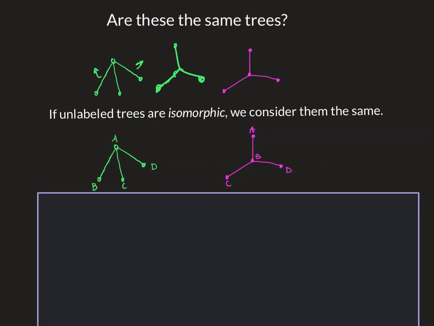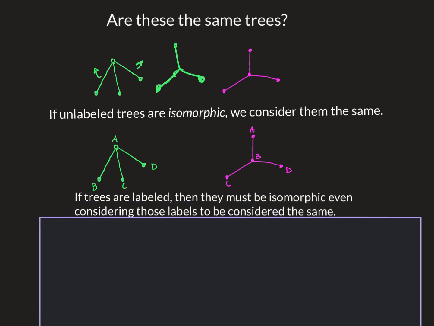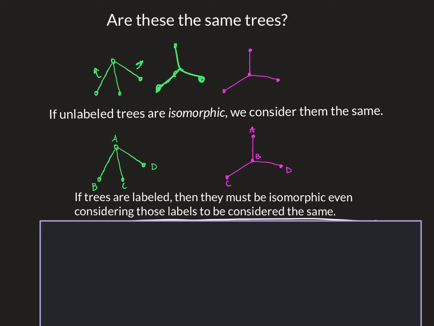So this green one and this pink one are definitely the same. That is not the case if all of a sudden they are labeled. So this is node A, and A has a degree of 3, where this node A has a degree of 1. These would be considered different graphs. So if trees are labeled, then they must be isomorphic, even considering those labels, in order to be considered the same. This leads us to something important called Cayley's theorem.